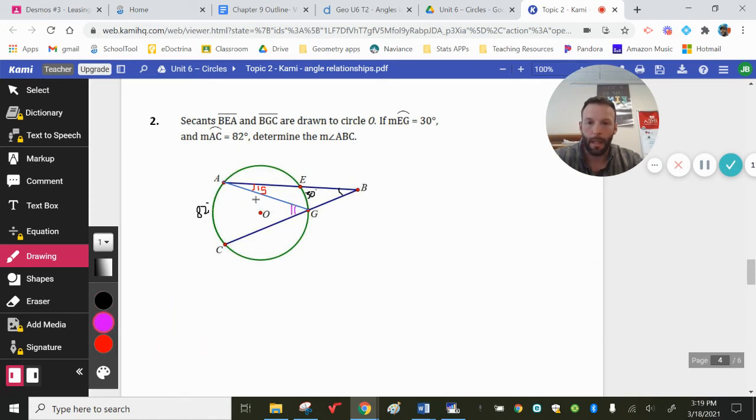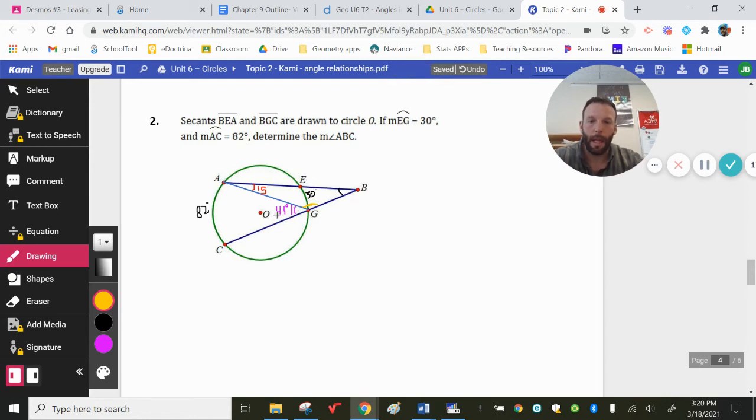So can I find this angle right there? Yeah, because that angle, point G, is on the circle, and it's formed by the chord GC and the chord GA. So this angle is an inscribed angle, and it's exactly half of the arc from A to C. Since that arc's 82, this angle must be 41 degrees. Now my next step is to determine the angle adjacent to the 41-degree angle, which is the one I said was AGB.